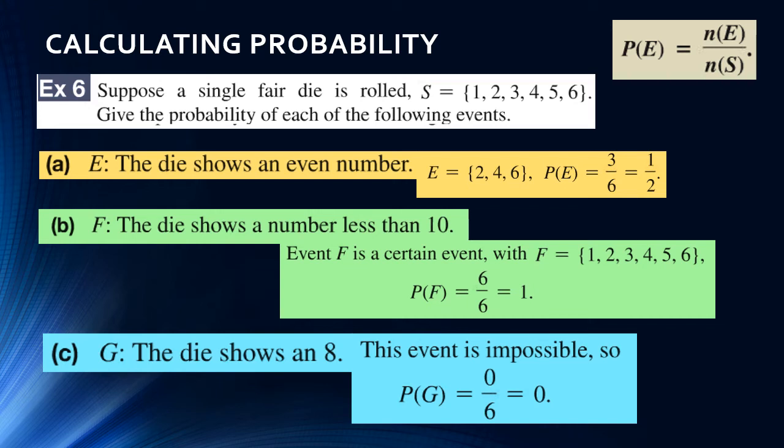There is 0 likelihood this will happen. This is called an impossible event because it will not happen. It's not possible to roll an 8. It's not possible for this event to happen. So these are a couple of insightful things. If your probability is 1, then you're absolutely certain that something's going to occur. If your probability is 0, then you're absolutely certain that something will not occur.